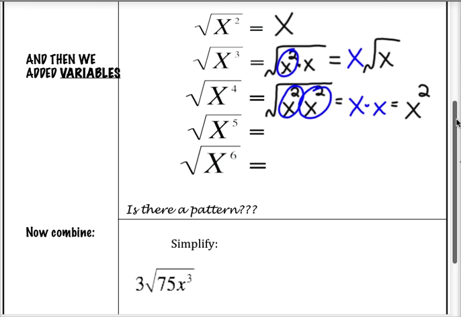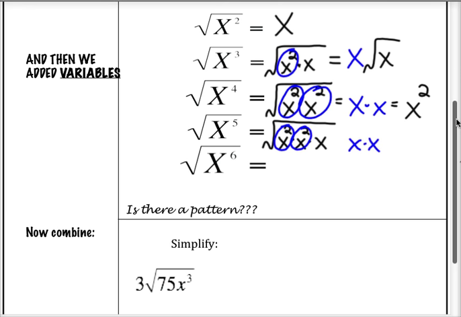All right, well, let's look at x to the 5. X to the 5, if we're breaking it down into as many 2's as possible, is x squared, x squared, x to the first. 2 plus 2 plus 1 gives us that 5. So we have the two x squareds that come out again.